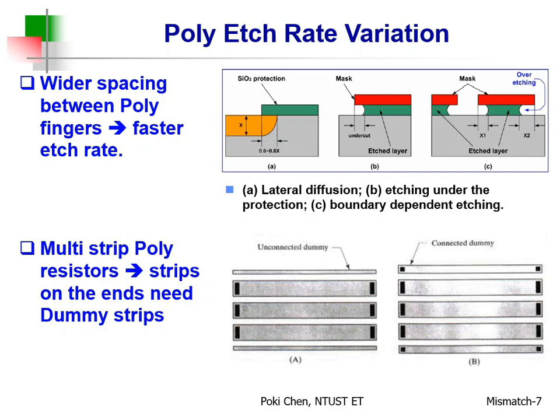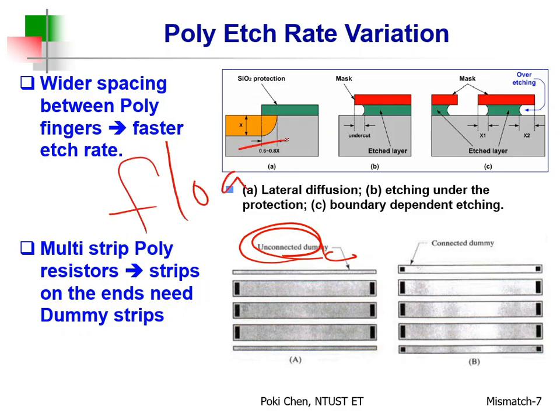B will be better. Why? Because you can see, for such kind of unconnected dummy, especially for resistors. Resistor usually means high resistance, right? So if the dummy is not connected, it means what? It is the so-called floating. Floating is really bad for CMOS because you will get a lot of EMI.